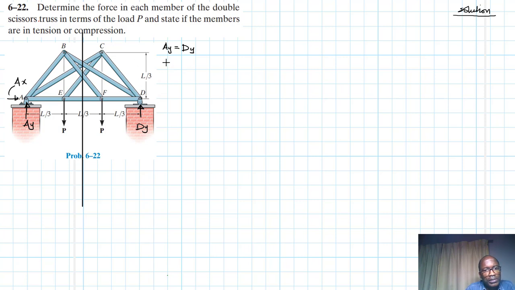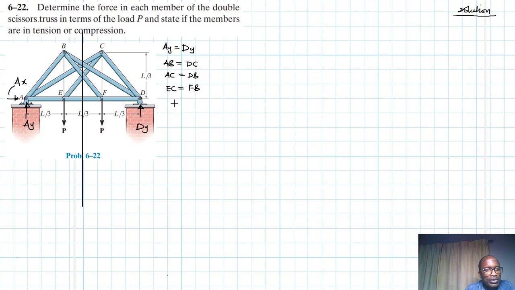The member forces, we expect member force AB to be equal to DC or CD, okay? And then member force AC to be equal to DB or BD, and member force EC to be equal to FB.